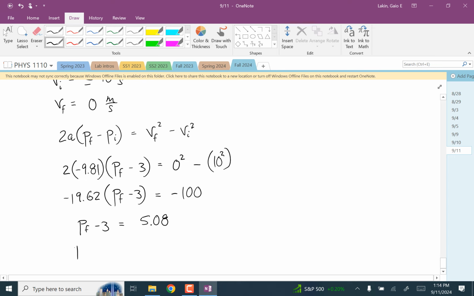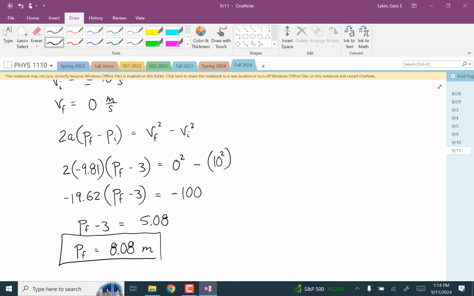Add 3 to both sides, and PF is equal to 8.08 meters. So it gets to a greatest height of somewhere around 25 feet after being thrown from about 10 feet.